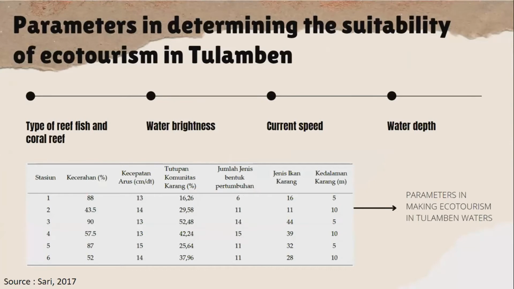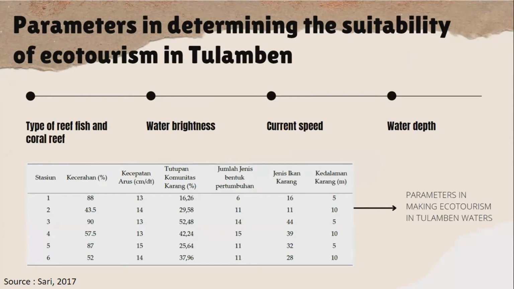The parameters of suitability of marine tourism in the diving tourism category include water brightness, coral community cover, type of growth form, type of reef fish, current speed, and depth of coral reefs. You can see the table. There are 6 places that are used to determine the ecotourism suitability index, which I explained before.